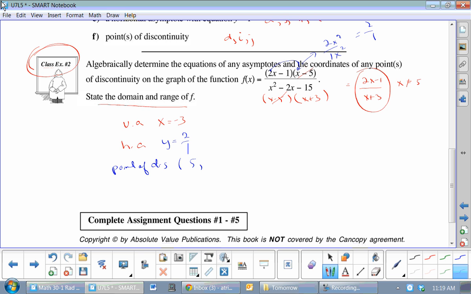Okay, now here's another. You've never had to do this before. I'm going to take this 5 and I'm going to put it into both the top and the bottom. So that would be 2 times 5 minus 1 over 5 plus 3, which is 10 minus 1, 9 over 8.